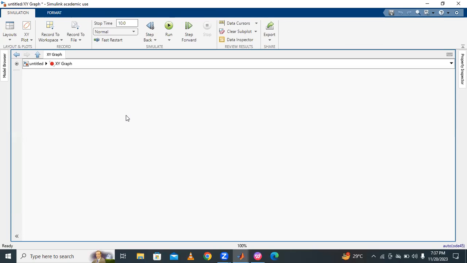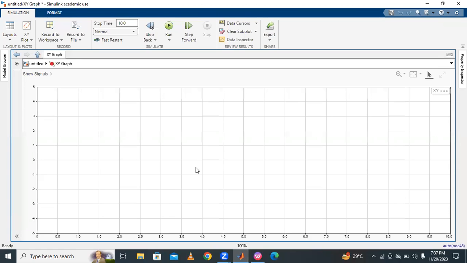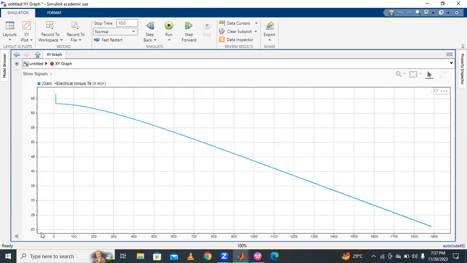Without changing any settings, the scale is adjusted automatically for the x-axis and y-axis. Here the x-axis is speed and the y-axis is torque. Speed versus torque characteristics are like this.